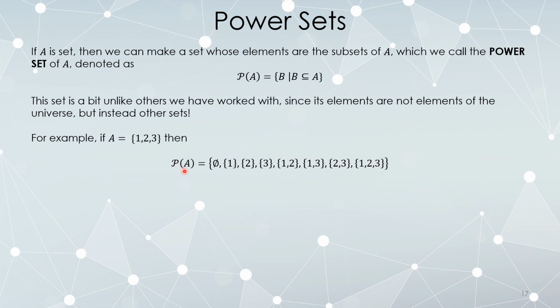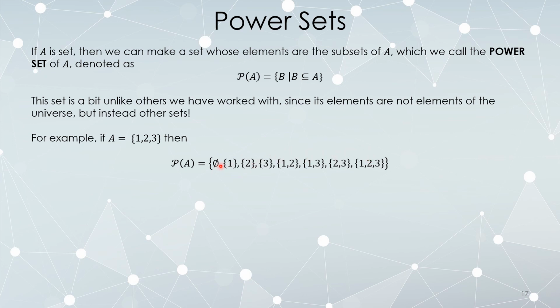And then I could go on and say, what are the subsets I can build that have two elements? I can make the set containing 1 and 2, the set containing 1 and 3, or the set containing 2 and 3. And then what about subsets containing 3 elements? Well, it has to be the entire set. Visually, it's a little confusing having all of these braces and commas sort of stacked up against each other, but if you're careful about it, you can see this is a set that has 8 elements. 1, 2, 3, 4, 5, 6, 7, 8.